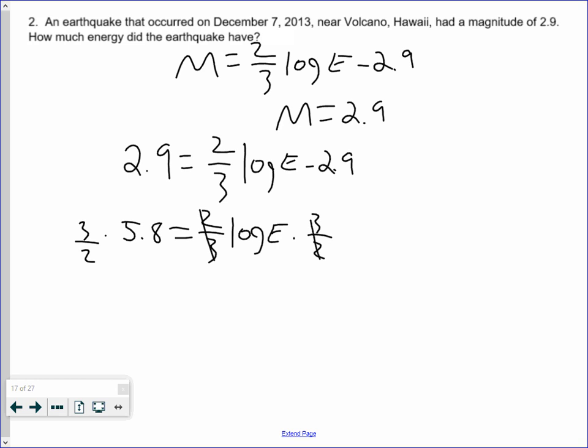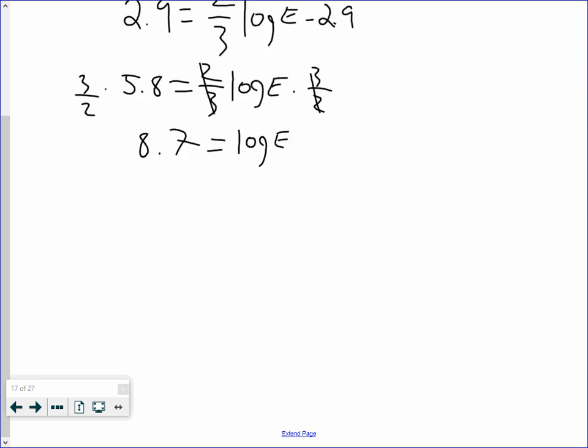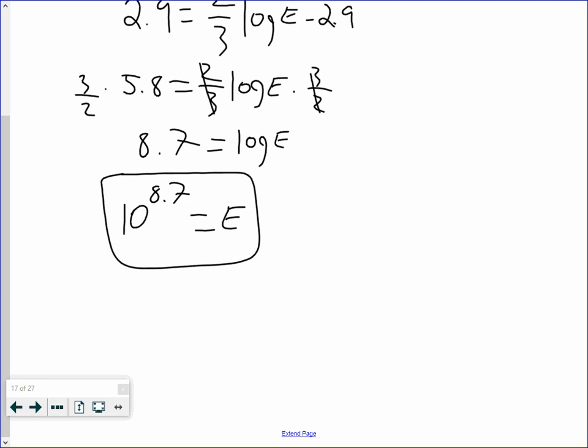These cancel, and we have 8.7. All right, and 8.7 is going to equal log of E. Now we're going to change it from a logarithmic equation to an exponential. So we get 10 to the 8.7 equals E. And that's going to be our answer for number 2.